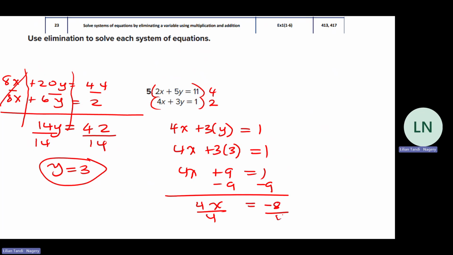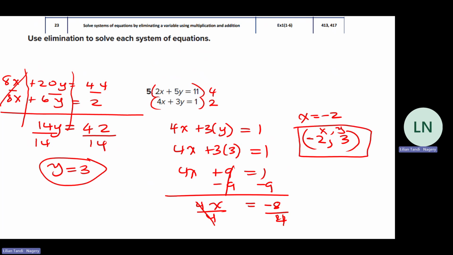Divide by 4. X is negative 2. And your answer is negative 2, 3. X, y. And you box your answer.